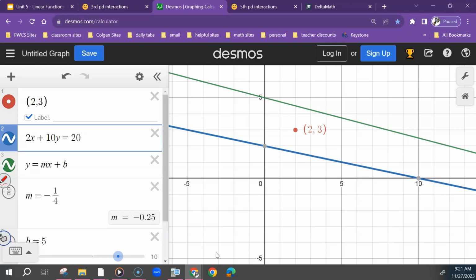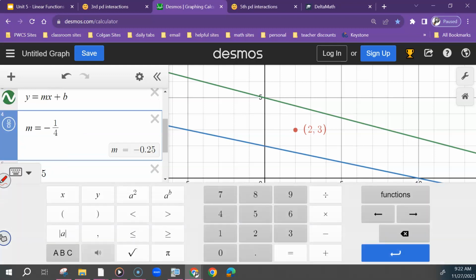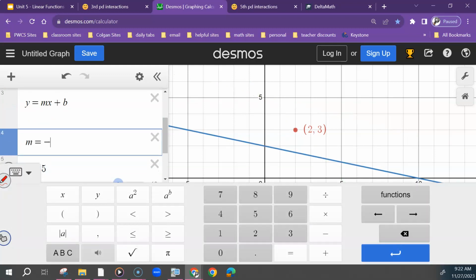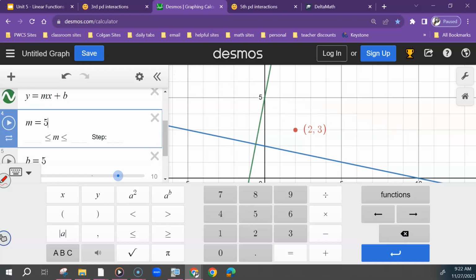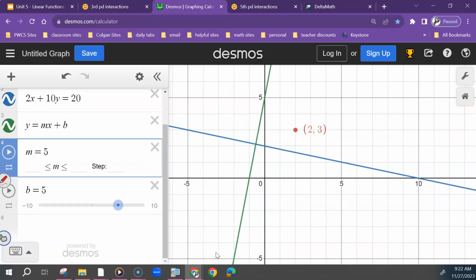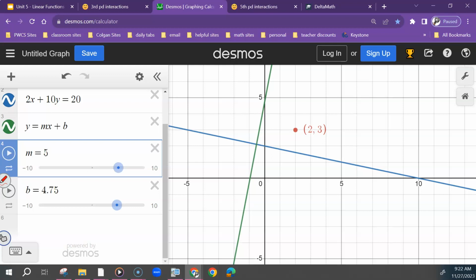But this is perpendicular, so we have to change the slope to be the negative reciprocal. What would the negative reciprocal of negative 1/5 be? 5. Positive 5 over 1. So I'm going to change this m to just 5. Now I see my point, and I see the original line, and I'm going to hit play or move this until it goes through that point.